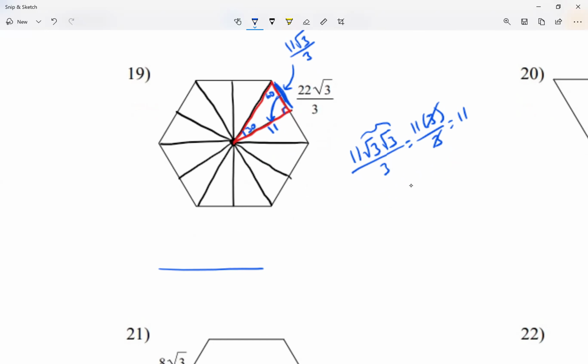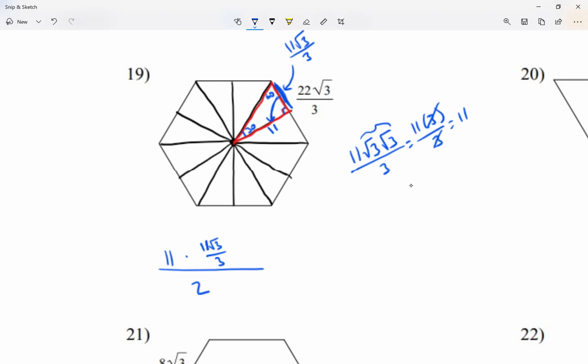Now that I know the two sides that make the 90-degree angle, I can do the area of that triangle. I'm going to go 11 times 11 radical 3 over 3, and all of this divided by 2. You guys see that? I know it looks ugly, but that's basically what we're going to have to type in. And that gives me the area of the triangle.